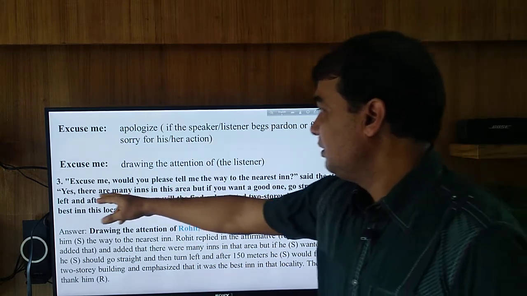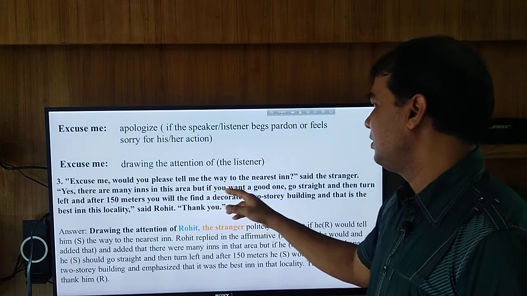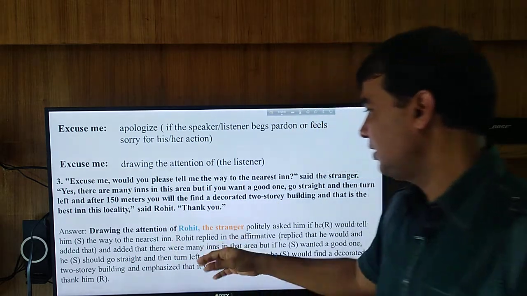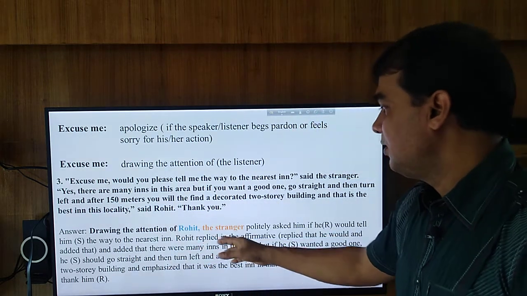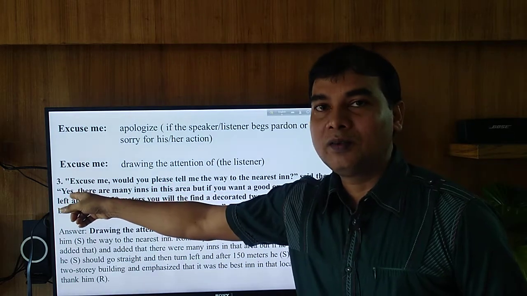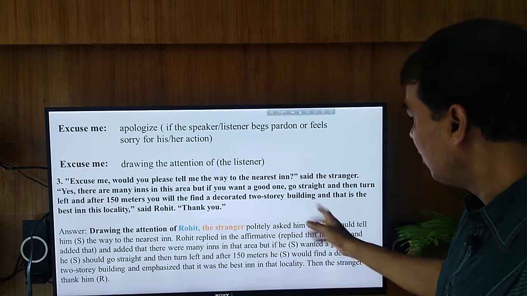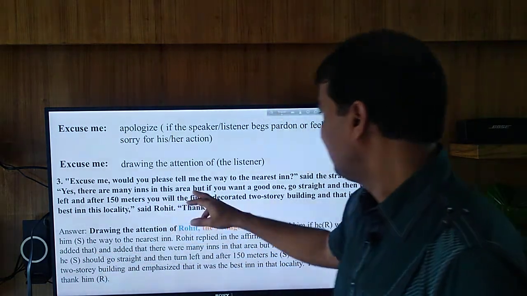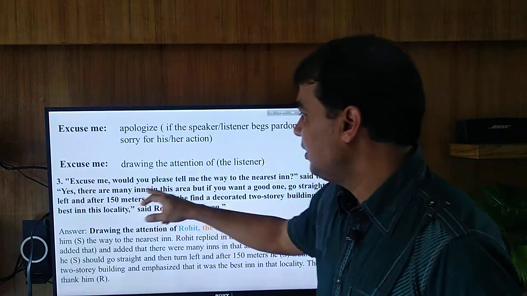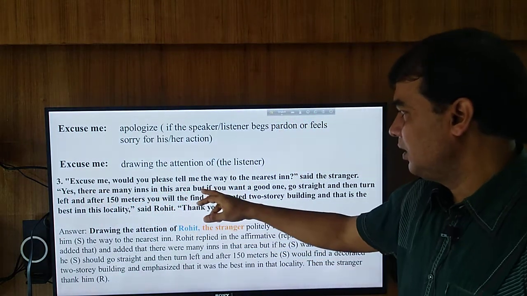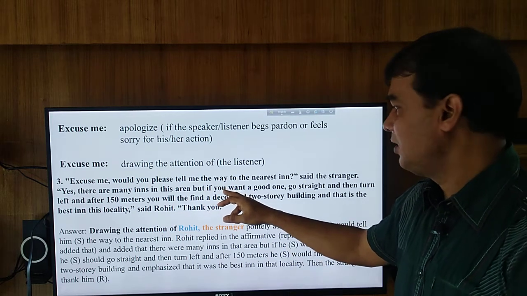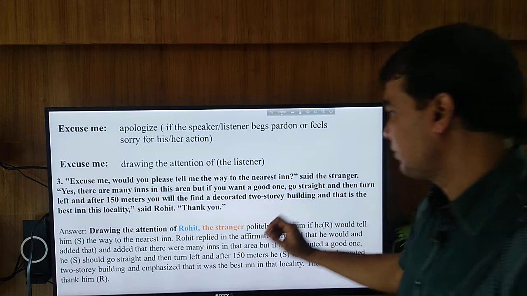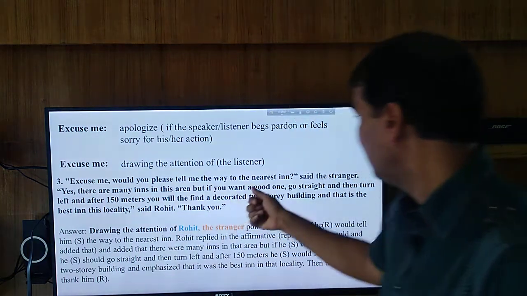Okay. Now, yes, there are many inns in this area, but if you want a good one, so this sentence is said by Rohit. So we can say Rohit replied. Instead of yes, we can write down in the affirmative, or we can say replied that he would. Okay, then and added that there were many inns in that area, but if you, that means the stranger, wanted a good one, you see, go straight.